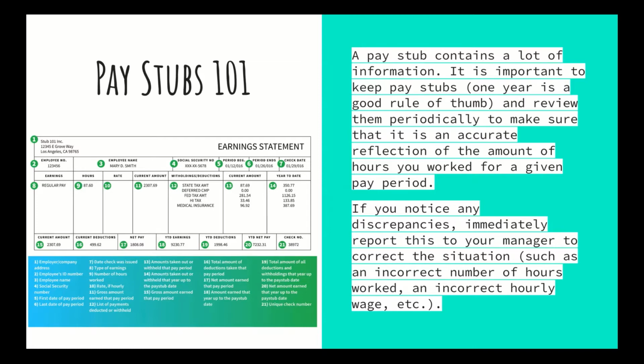So things like if it lists the incorrect number of hours you worked, okay? If it has more hours or less hours than you actually worked, you definitely want to make sure that you go to your manager and clarify that, especially if it lists more hours, because it can feel like you're getting a lot of money, but oftentimes when companies get audited, they will go back, review their files, and they'll see, oh, we overpaid you, and they'll charge you or deduct that money that they overpaid you from your next paycheck.